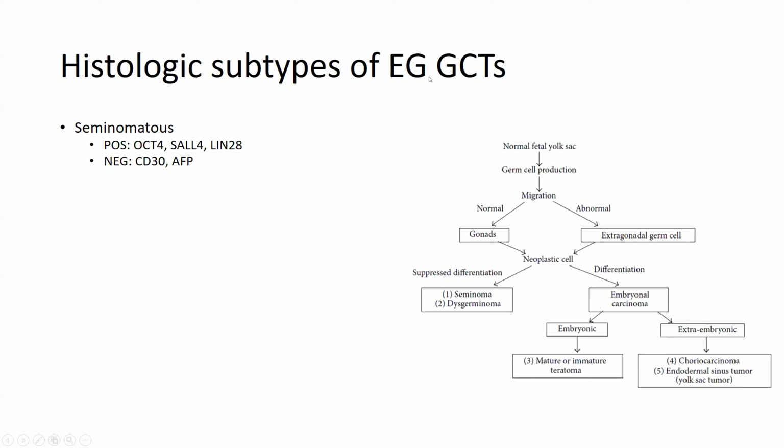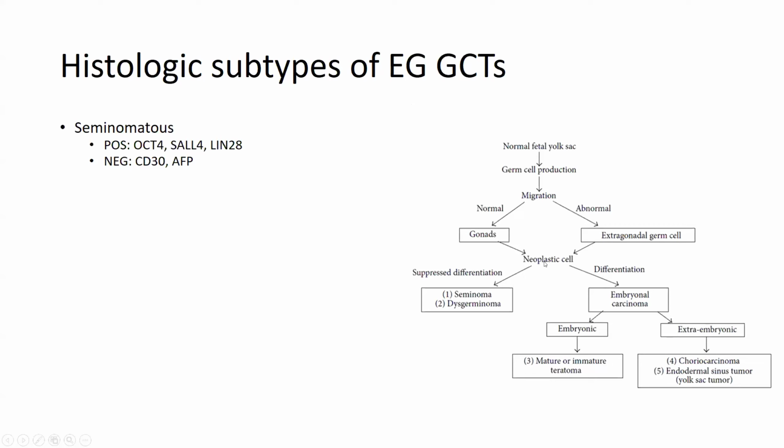Now, histologic subtypes of extragonadal germ cell tumors. I will draw your attention to this graph over here because this is very similar to the image that I showed you before, where you have your germ cells migrating to the gonads and to extragonadal locations.